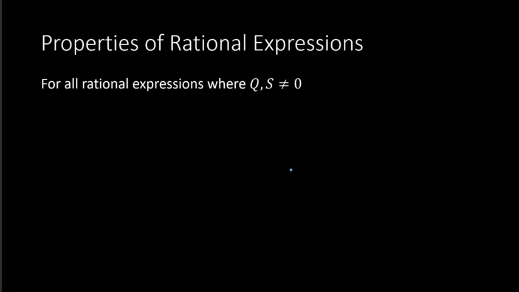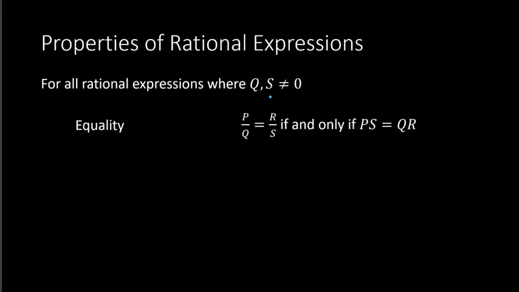With rational expressions, we have different properties to be aware of. Assuming that q and s are both not equal to 0, our first property is the property of equality. Two rational expressions are equal if and only if we can cross multiply to get equal answers.